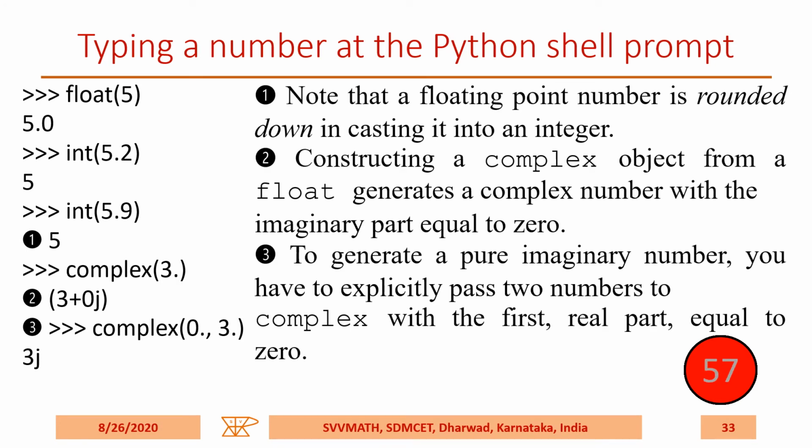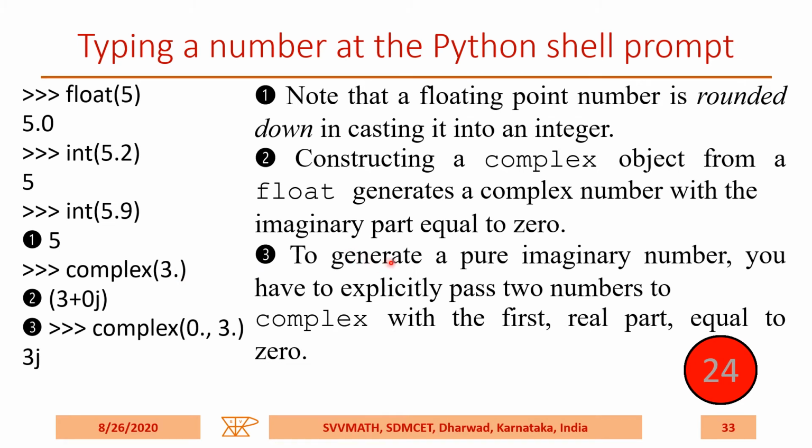The first case: note that a floating point number is rounded down in casting it into an integer. You have 5.9 becomes 5. Second case: constructing a complex object from a float generates a complex number with an imaginary part equal to 0. This you can observe: 3 plus 0j, when I say complex(3.).